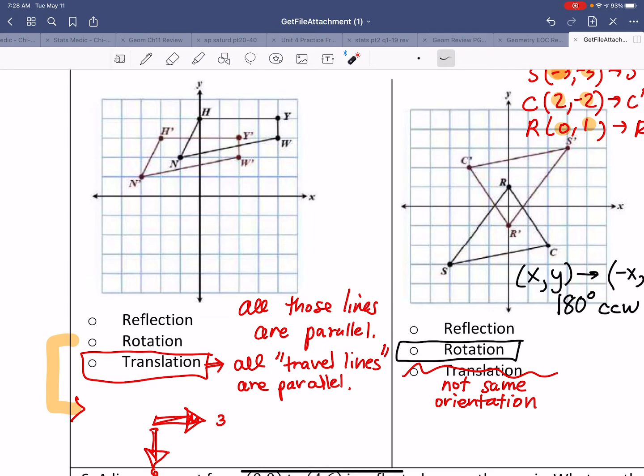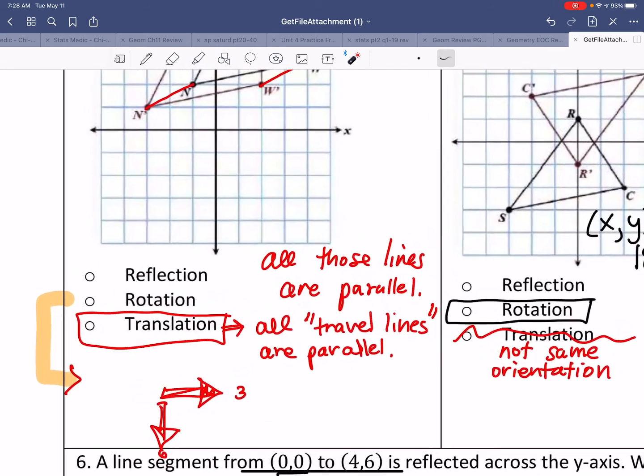Also, if I drew a line from H to H prime, Y to Y prime, W to W prime, N to N prime, all those lines are parallel. Notice all of these lines go up 1 over 2, up 1 over 2, up 1 over 2, up 1 over 2. They all have the same slope. So that tells us it's definitely a translation.